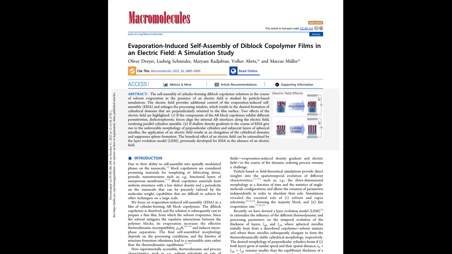Additionally, the simulations reveal that the electric field stabilizes straight, defect-free cylinders by overcoming competing effects from surface enrichment layers and evaporation-driven concentration gradients. Overall, this work provides a detailed mechanistic understanding of how electric fields control microphase separation kinetics and nanostructure in evaporating diblock copolymer films. Such insights enable improved design and optimization of processing conditions for advanced functional polymer membranes and nanostructured films.